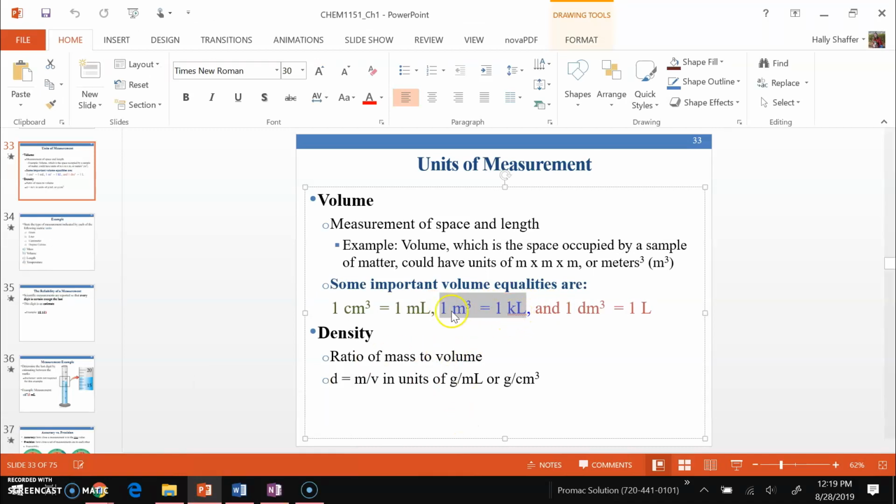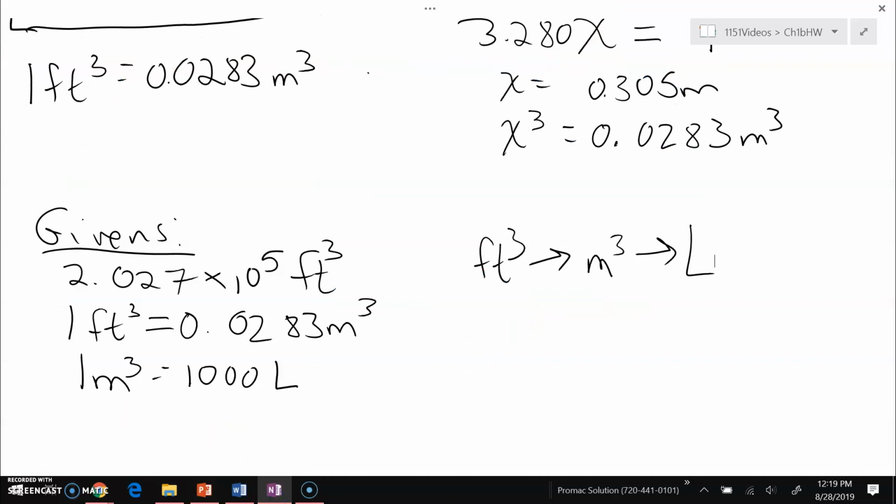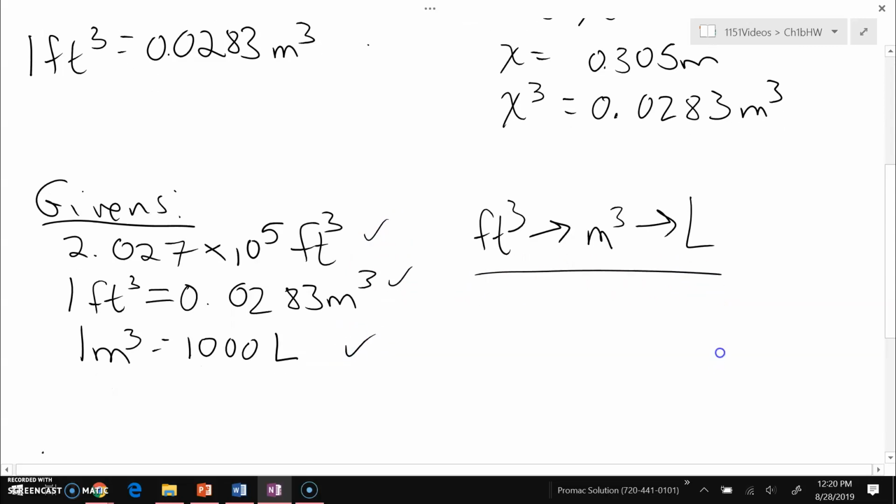If 1 meter cubed is 1 kiloliter, then I know that 1 meter cubed equals 1,000 liters. So I have all three givens listed here, and this is the plan that I'm going to do.